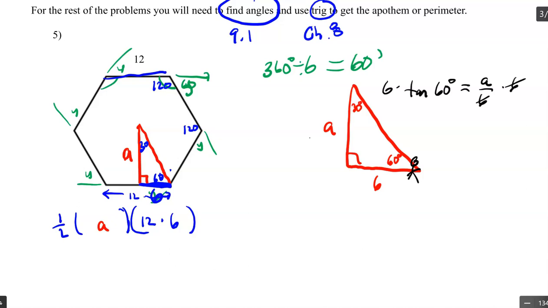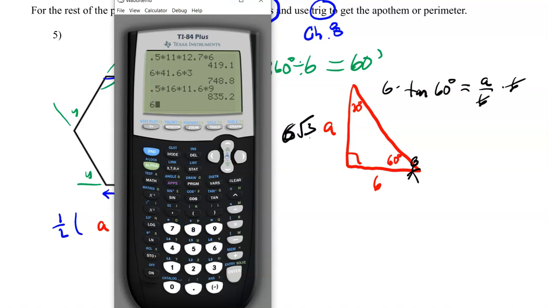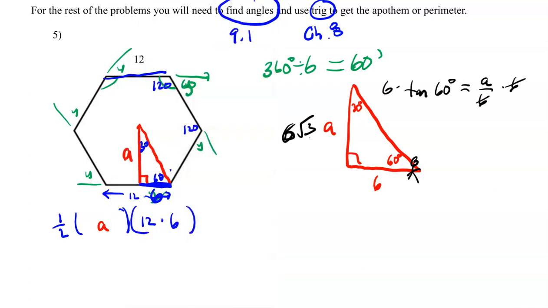And that will also give you 6 radical 3. Let's just see what that is on the calculator really quick. 6 times square root of 3 is, we'll call that 10.4. All right, so we're going to call this side 10.4.